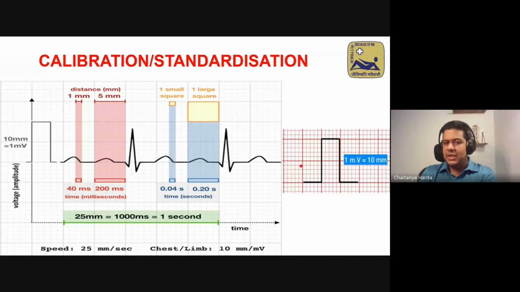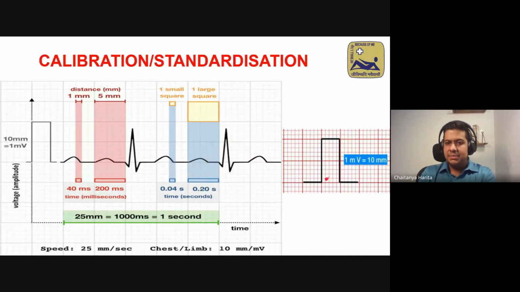So 5 small squares becomes 0.2 seconds, which is equal to one large square. Therefore, 5 large squares becomes 1 second.